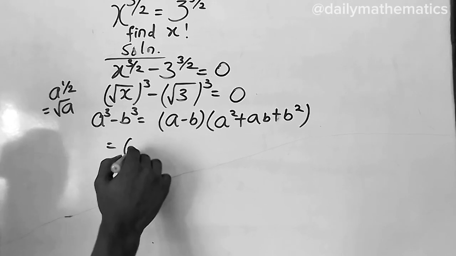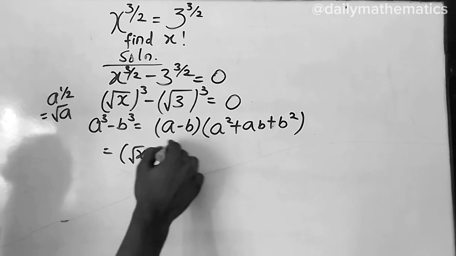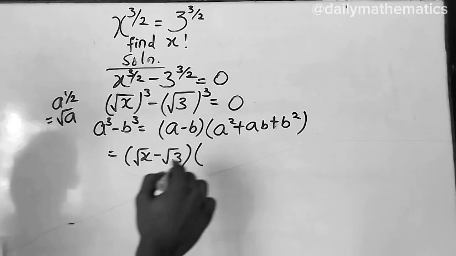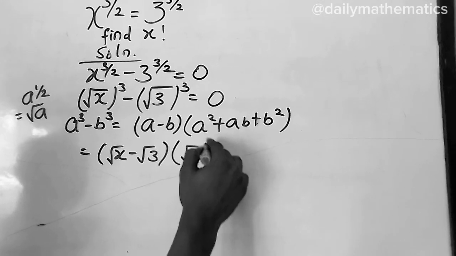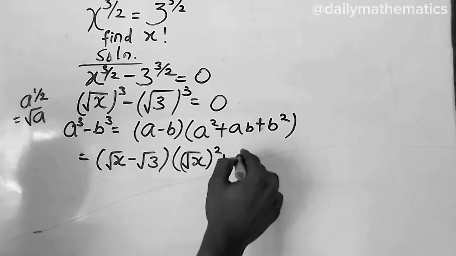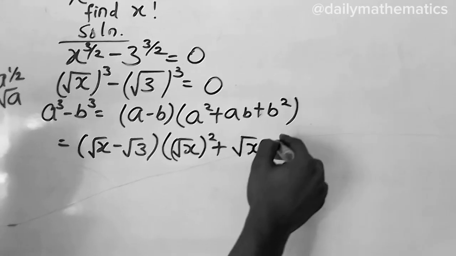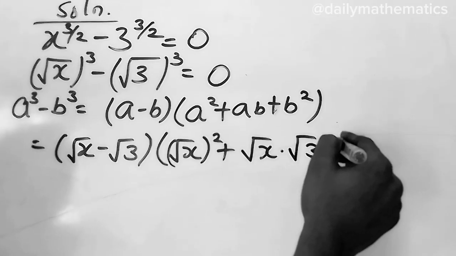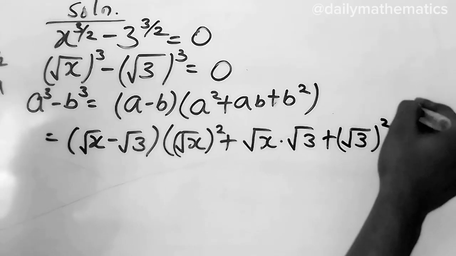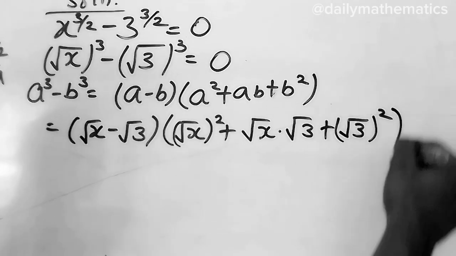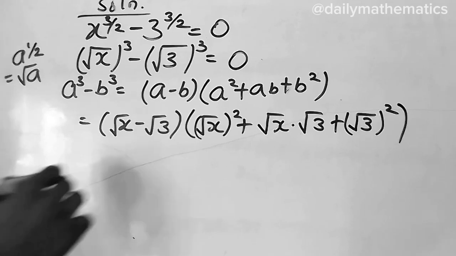It will give us (root x minus root 3)(root x squared plus root x multiplied by root 3 plus root 3 squared). So from here we'll work this out.